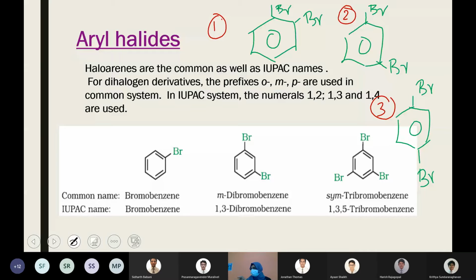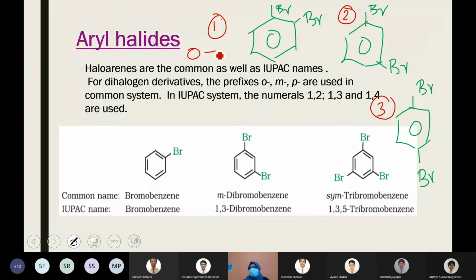So in order to differentiate the position, in the common naming system, if both of them are in the adjacent position, we write ortho. They are ortho dibromobenzene. That means two bromine which are on adjacent carbon atoms. That's ortho dibromobenzene.